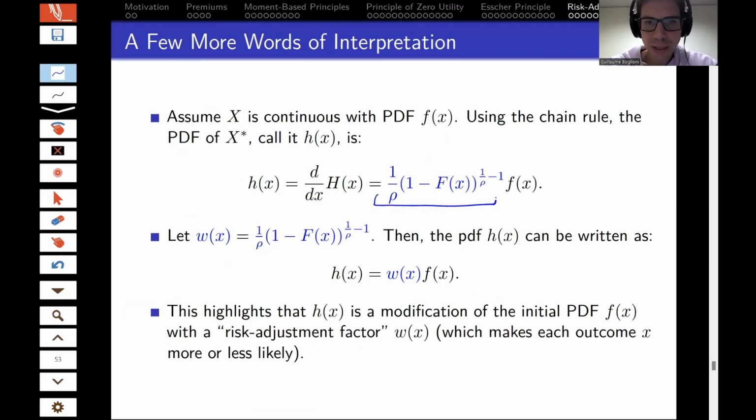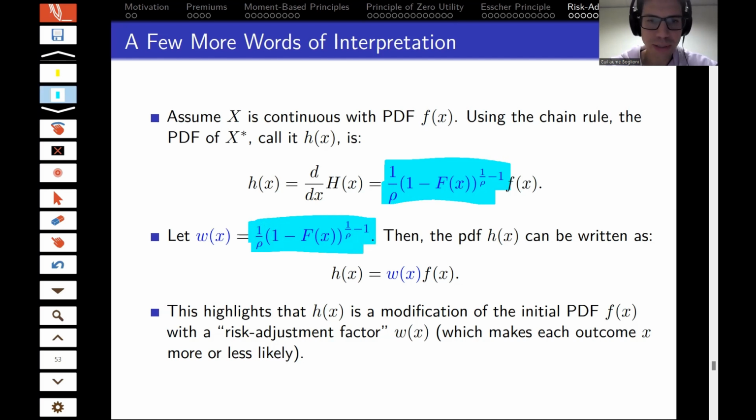So you see, it's this times the density of X. You might write it as a certain weight, which is this blue thing, times the density of X. So the density of X star, h of x, is some modification of the density of X, where you might call this weight W some risk adjustment.